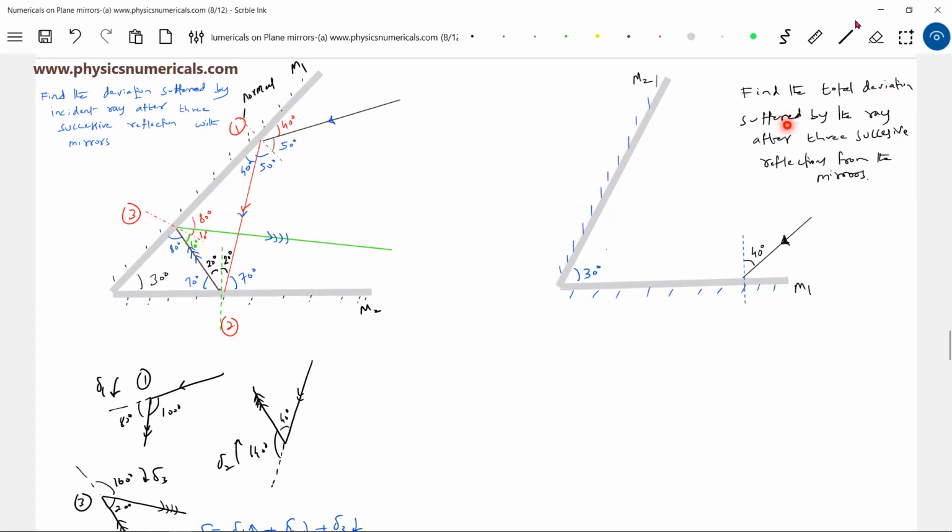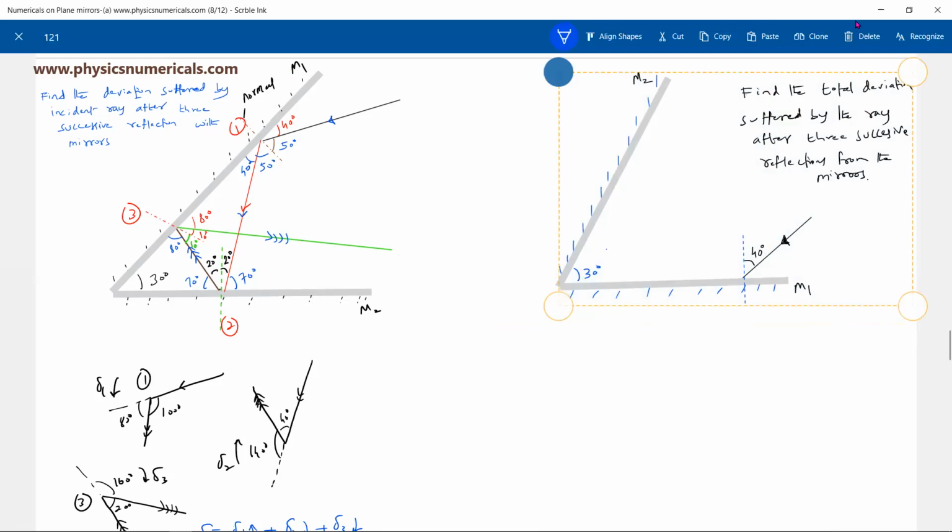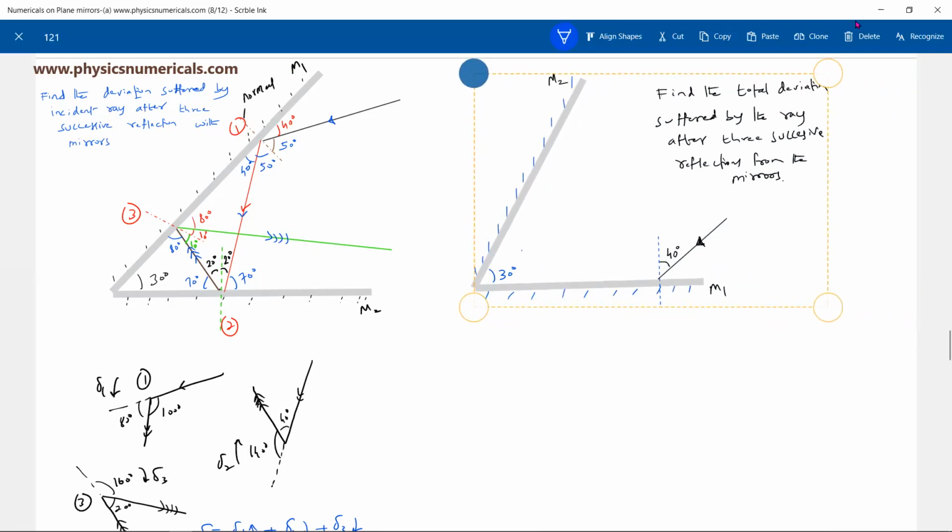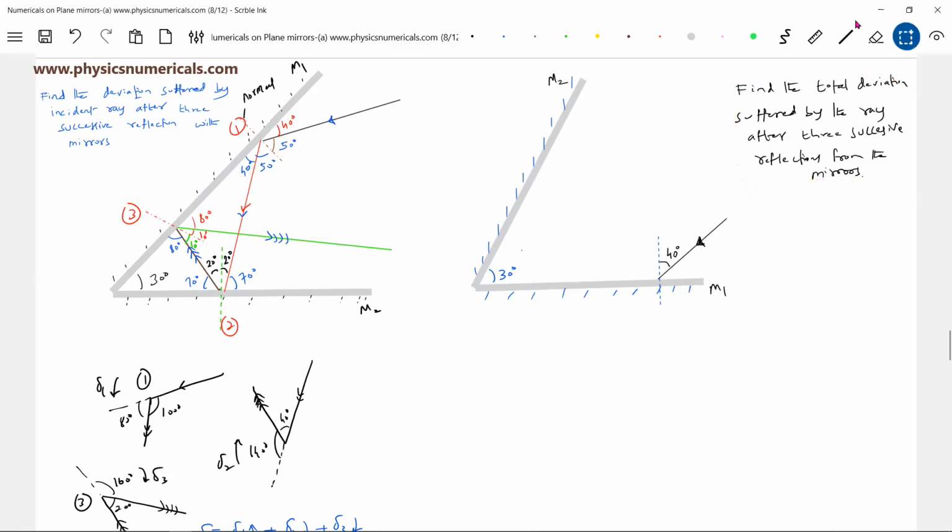Find the total deviation suffered by the ray after 3 successive reflections from the mirror. Now the ray is incident on the mirror M1. Let me proceed here now.